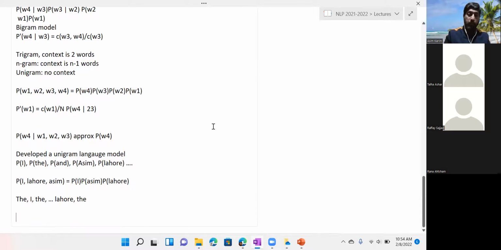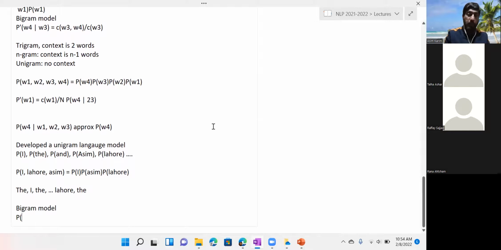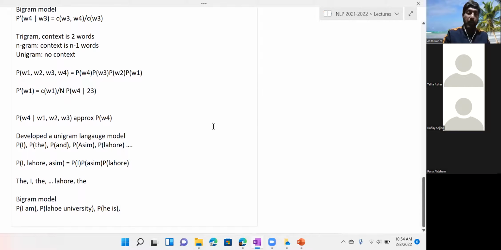But let's say you have developed a bigram language model. In this case, you now have probabilities of two words. So for example, probability of I am, probability of Lahore University, and probability of he is. Now if you use this distribution to sample bigrams, you might get two words that are more meaningful. He is, so this is one sequence.